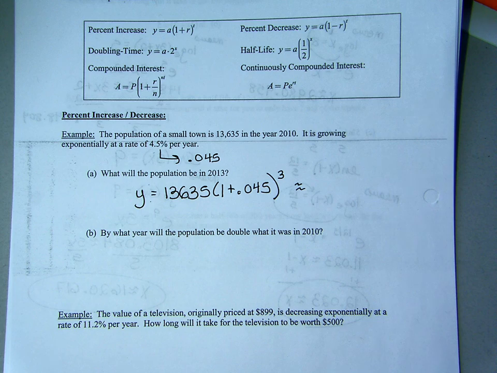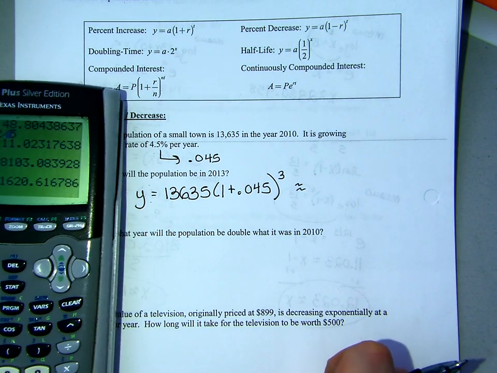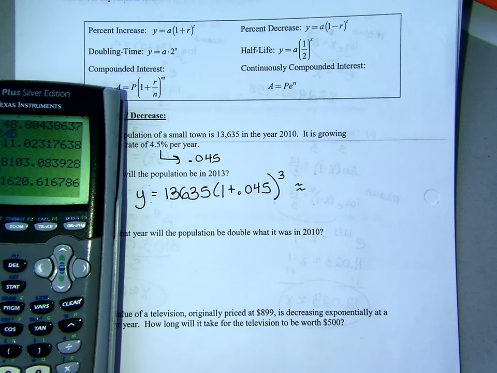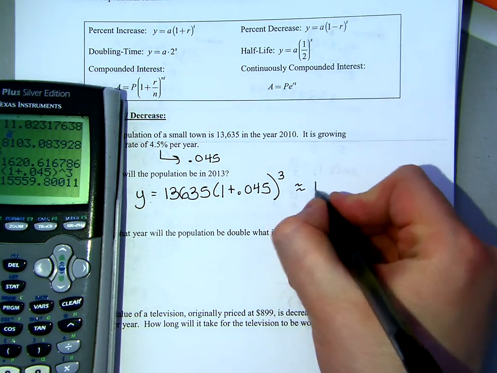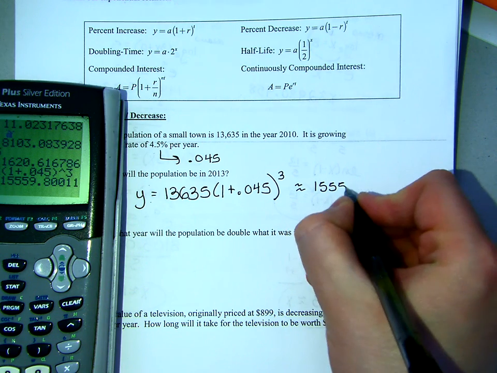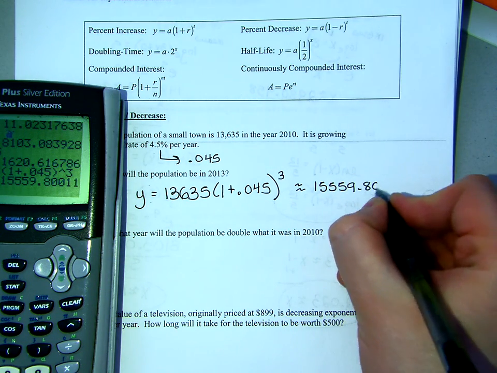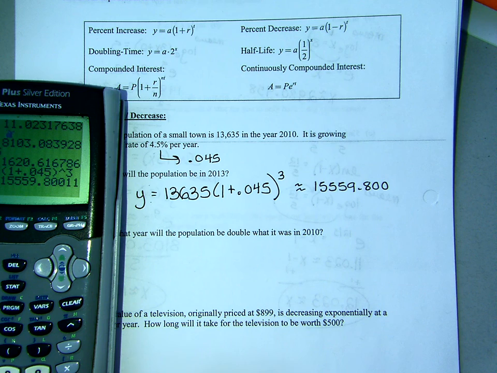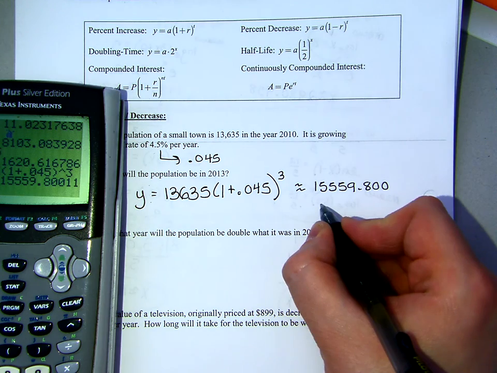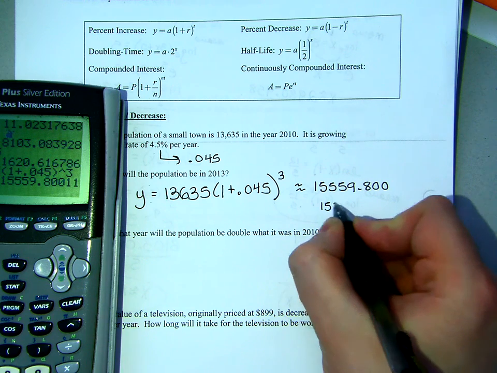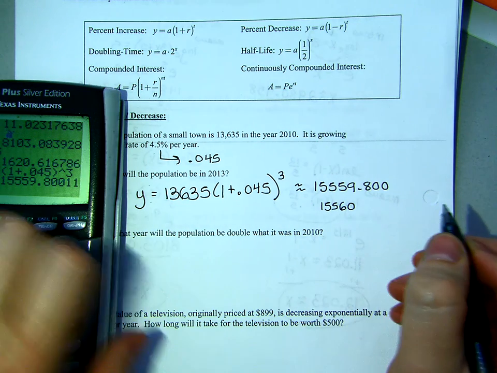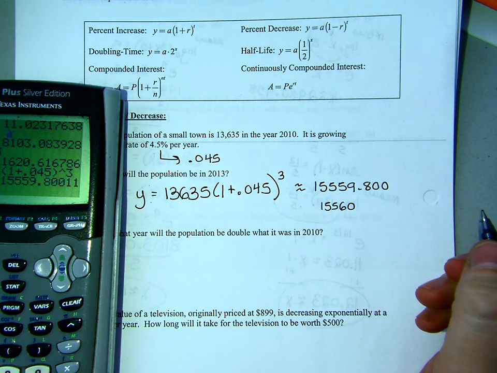No, so when you get your decimal answer, you're just going to round to the nearest whole number. $15,559.8, so what should I say? 15,560. Well, almost. What's the other thing we have to do with word problems?